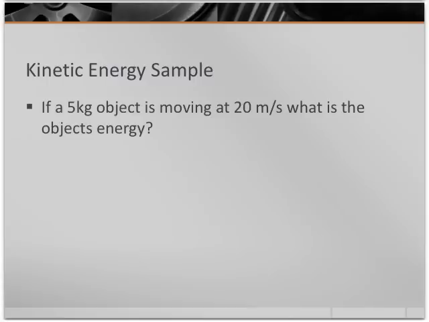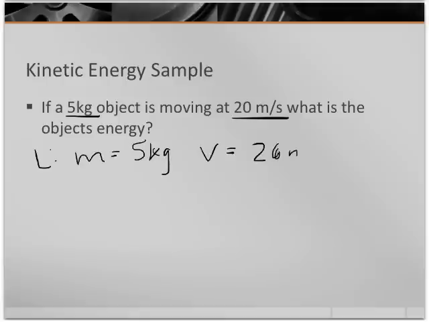Okay? So, a sample problem for kinetic energy. If we have a 5 kilogram object moving at 20 meters per second, what is the object's energy? So our knowns, we know mass is 5 kilograms, and we know velocity is 20 meters per second. Our new equation, KE equals 1/2 mv squared.